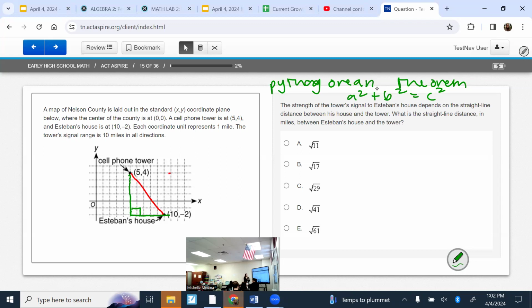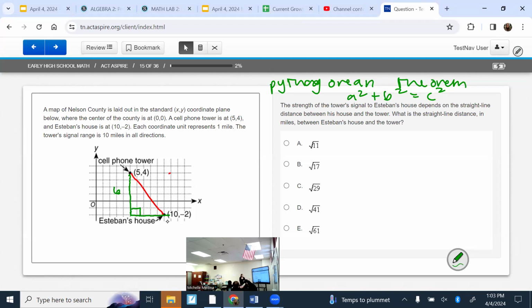So A and B would be like how long these legs are. So like for the taller one, it goes from here to here, so from -2 to +4 is 1, 2, 3, 4, 5, 6. From here to here, so 5 to 10 is 1, 2, 3, 4, 5.